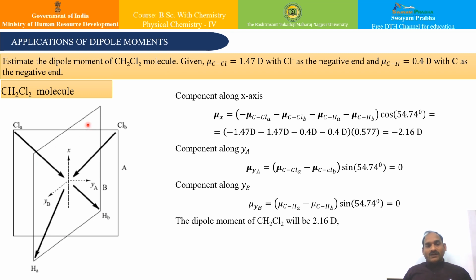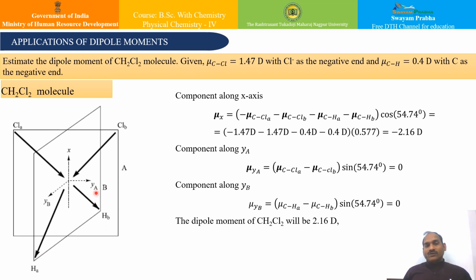Now we resolve each of the two bond moments in a plane along two mutually perpendicular axes, of which the x-axis is common. This x-axis is common to both planes, plane A and plane B. My plane A contains both chlorine atoms, and my plane B contains both hydrogen atoms.